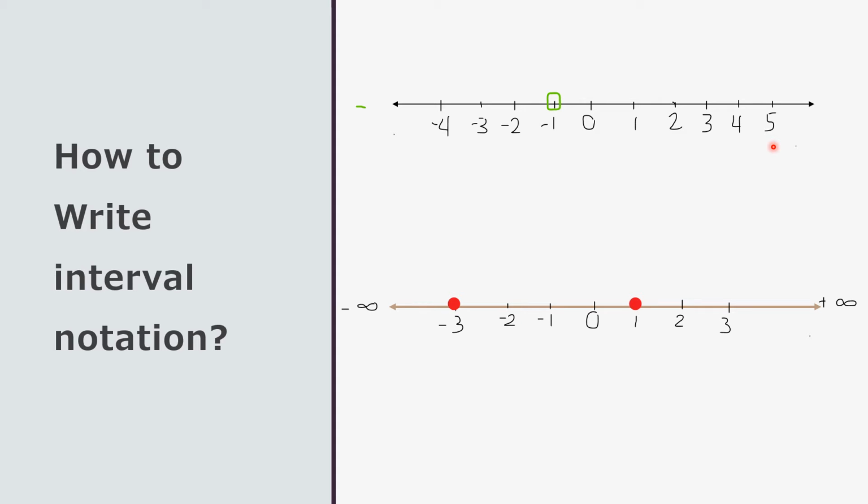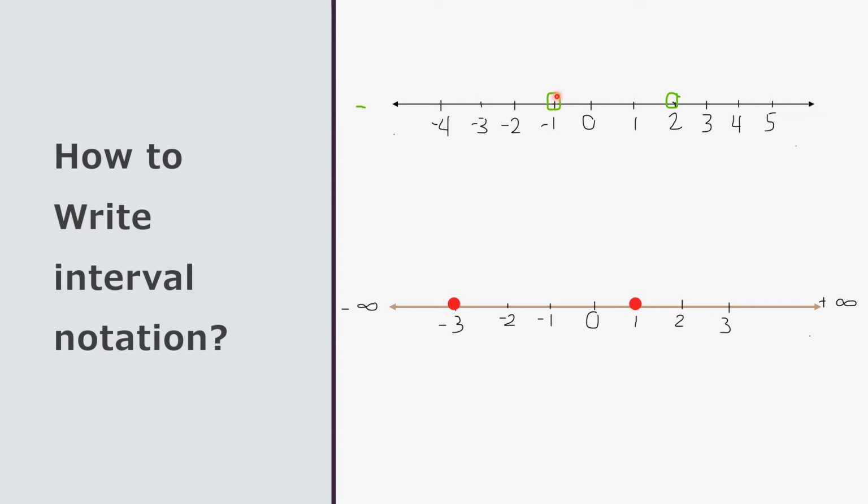Okay, so now, the number line here continues to the right and to the left. Look at this. I have an open circle here at negative 1, and an open circle at positive 2.